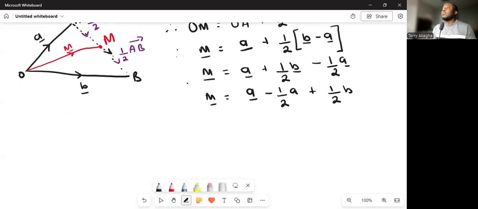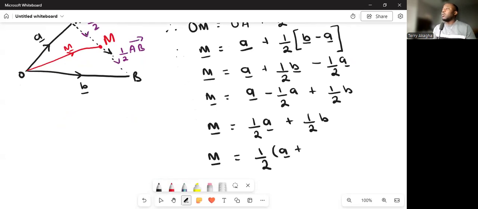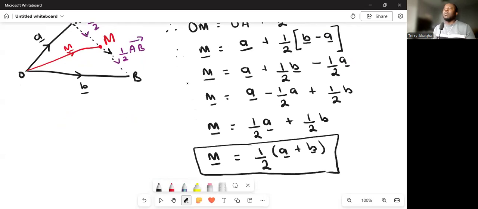So now we can say M, the midpoint, is going to be A minus half A, which gives you 1 over 2A plus 1 over 2B. So you collect like terms. M will be equal to 1 over 2(A plus B). And now this is the formula for finding the midpoint.